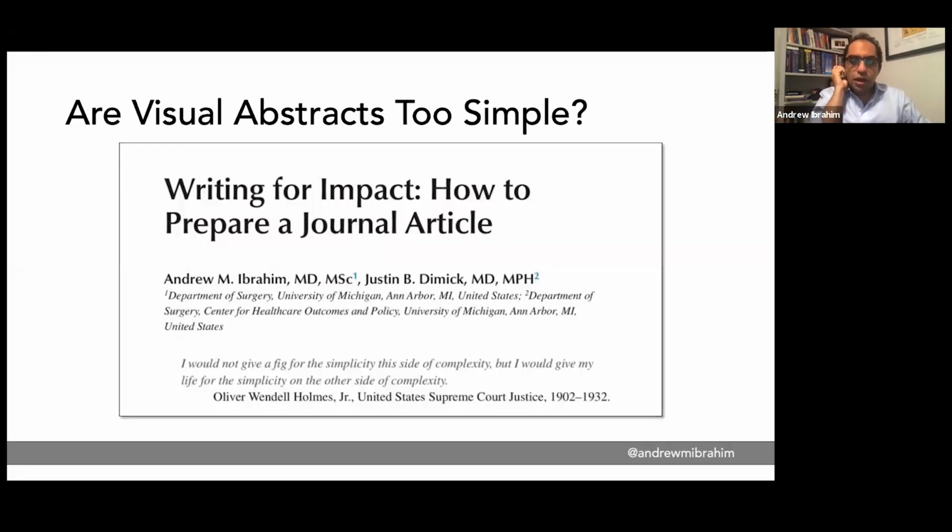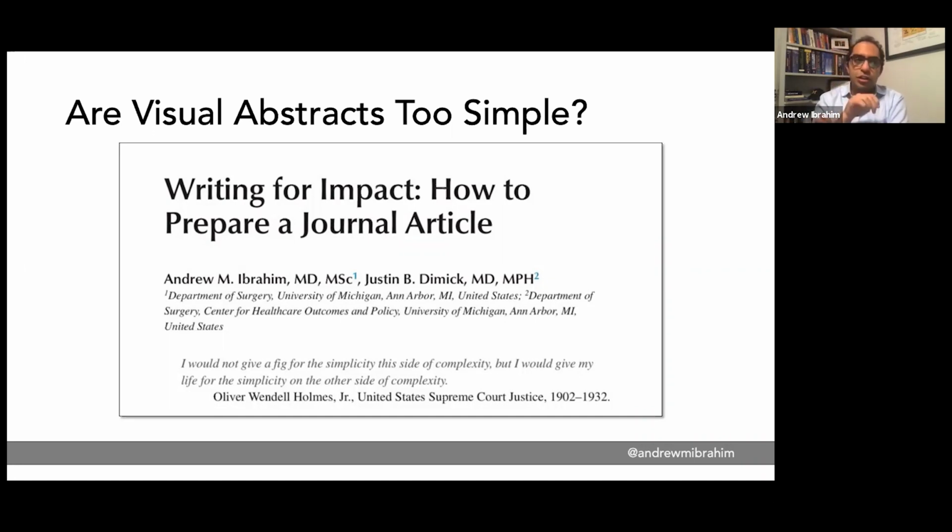But one of the key teaching points of my mentor, Dr. Dimmick, is captured well here by this quote of Oliver Wendell Holmes about clear writing and being simple. He says, "I would not give a fig for simplicity on this side of complexity, but I would give my life for simplicity on the other side of complexity."